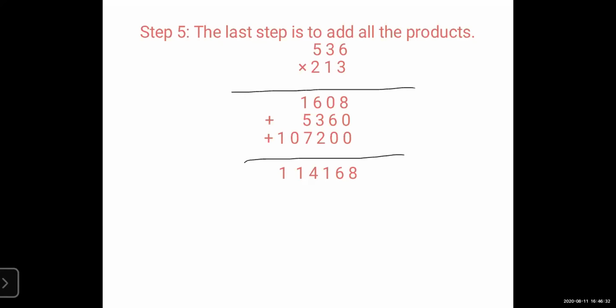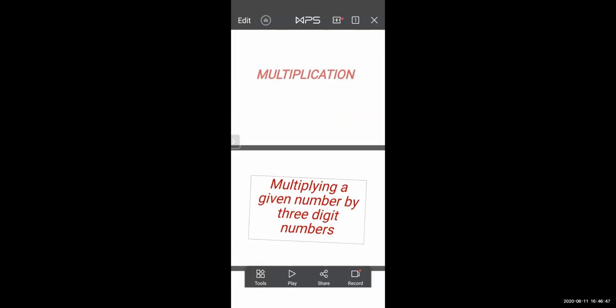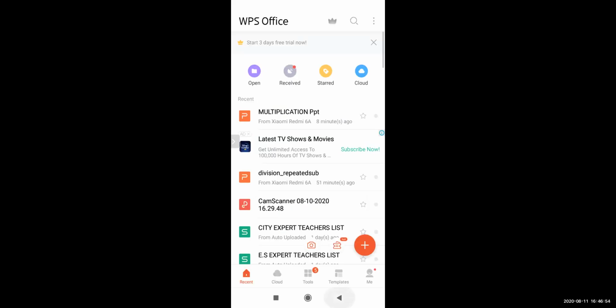Once you follow these steps, you will get the answer in multiplication. Okay, so this is about the multiplication example. Now here we will take some more examples which best explain or help you understand the multiplication. Okay, so look at the screen now.